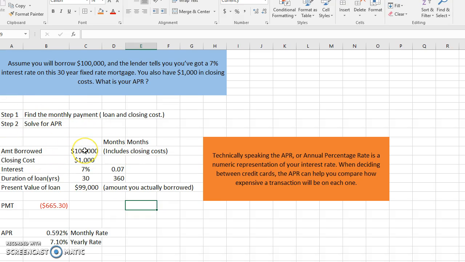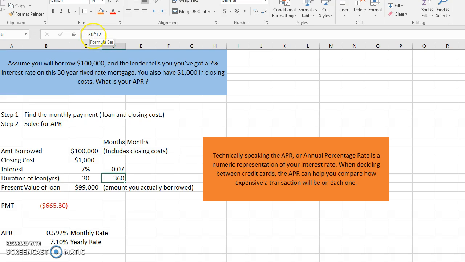The $100,000 is the amount that you borrowed, and that includes closing costs. The closing cost we know is $1,000. 7% is what the lender is charging you, and it's fixed. 7% is the same as 0.07. The duration of the loan in years is 30 years. If we want to know how many months the duration of the loan is, it's 360.